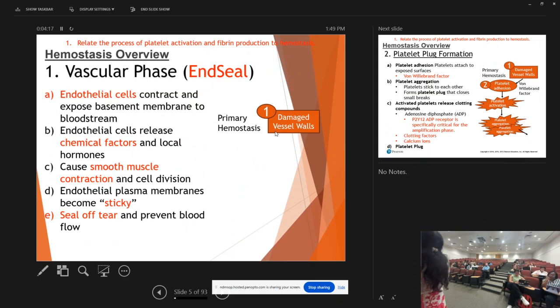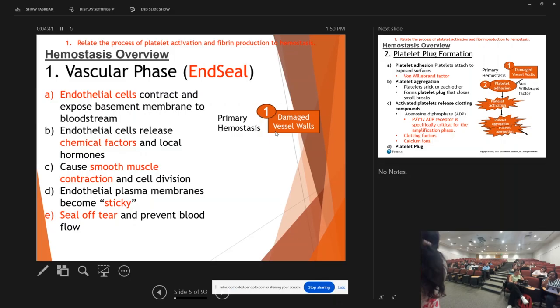I would say it's like "end seal", like you're sealing, okay? And "end" means the endothelium is playing a big role there in forming the seal. So when you have a damaged vessel, this is your primary hemostasis, meaning that is the primary thing that is going to happen right away, okay?